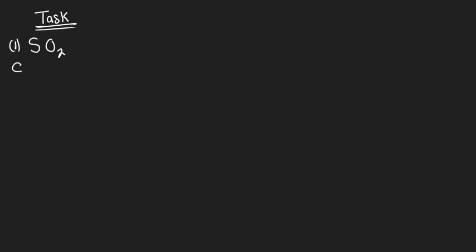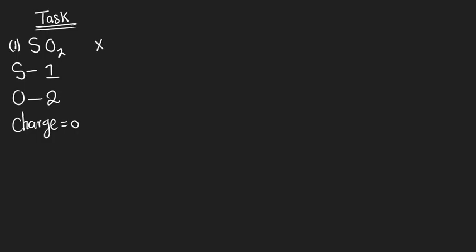Okay, so we have 1 sulfur atom, 2 oxygen. The whole charge for this particular compound is 0, but we know that oxygen is going to have a net charge of negative 2.